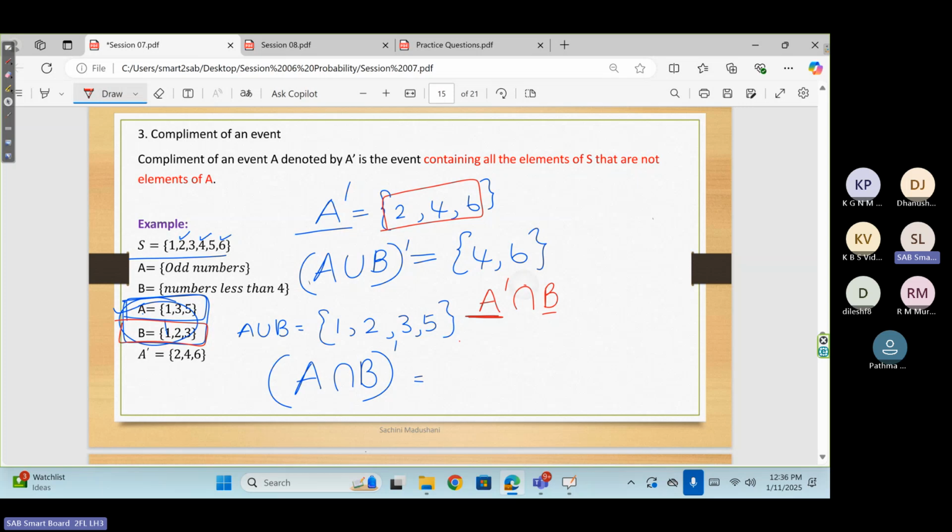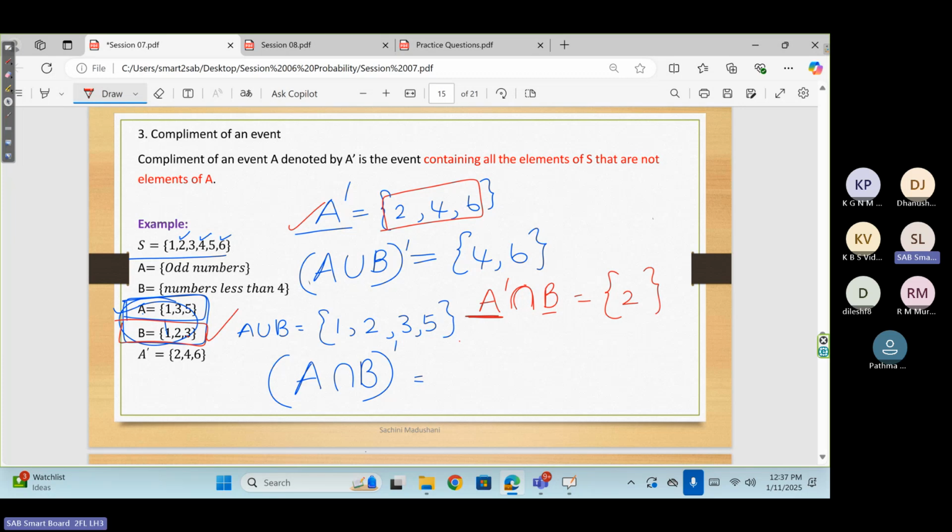Then what is the sign in here? Intersection. Intersection means common. Then what are the common elements in here? 2. Then what is the answer? Okay, then the answer is 2.